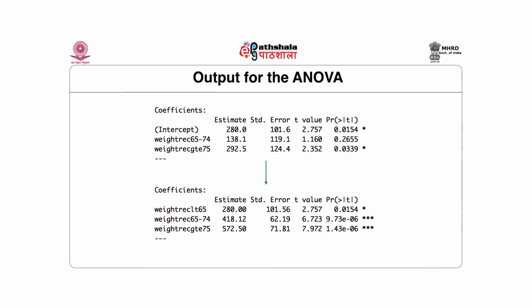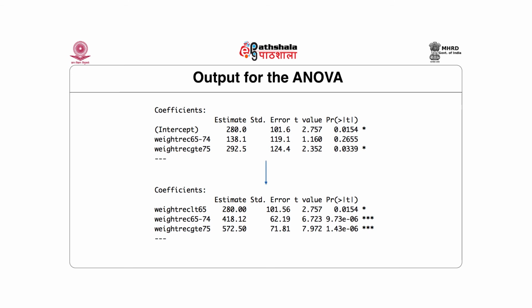You can separately print out the means, but in here, if you do not add the intercept term, then you see that ANOVA returns the weight category of less than 65, that between 65 and 74, and greater than or equal to 75 kilograms, and in each of these, the estimate gives you what the weights are. I would not encourage you to take a look at the p-values of these individual categories, because they don't make much sense. What is really important is whether the model overall is statistically significant or not, which is what you want to test.